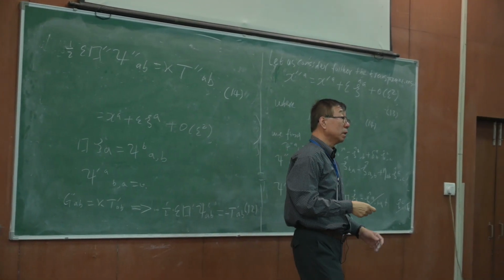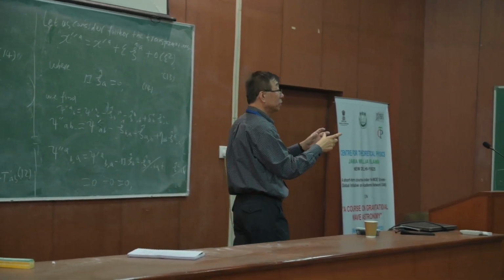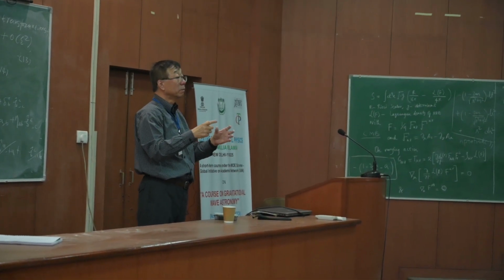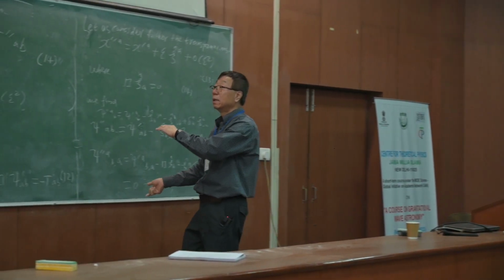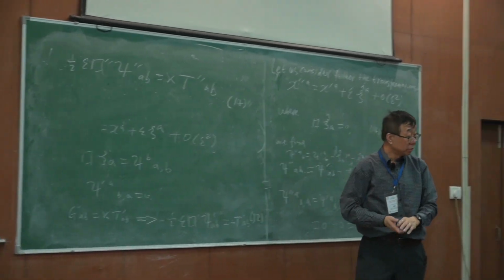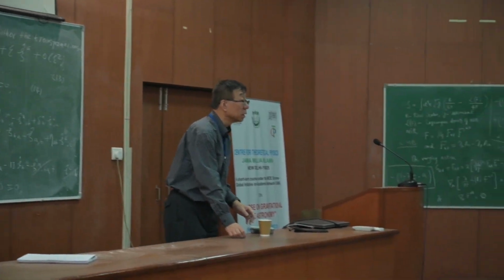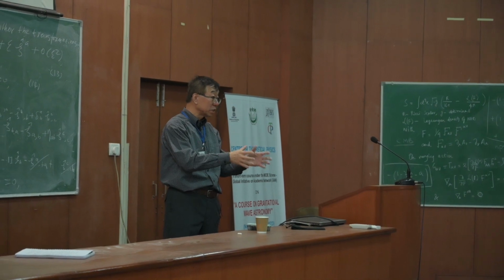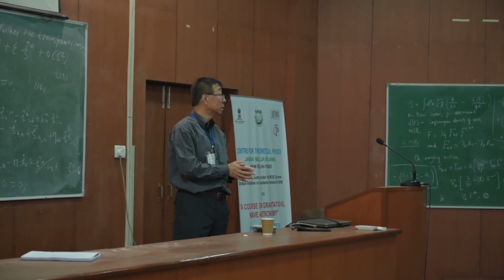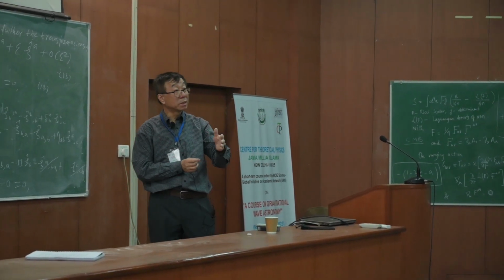h prime AB still has a part due to the coordinate transformation, a part due to the gravitation. But now I take all the part due to the coordinate choice away. This is exactly the next step.